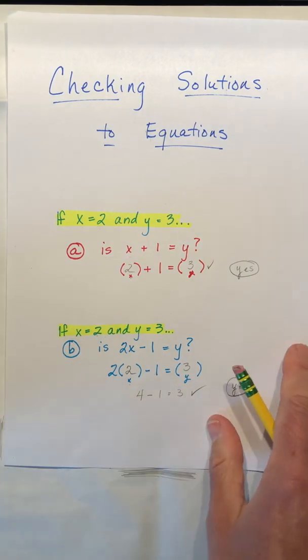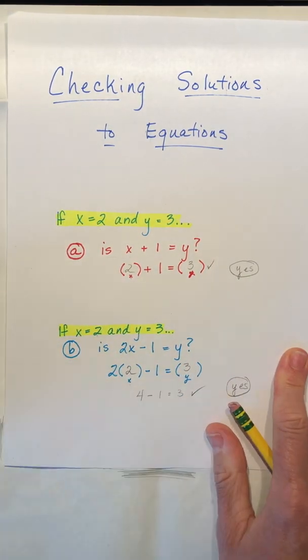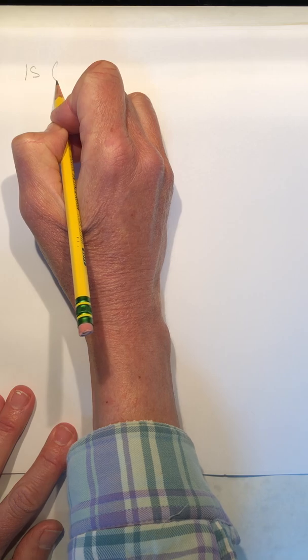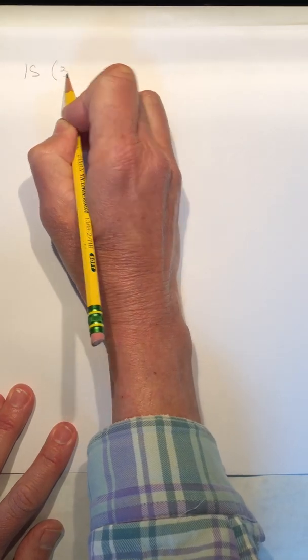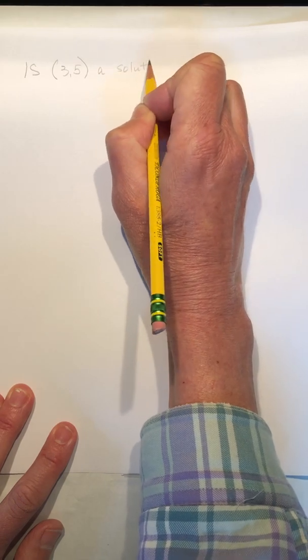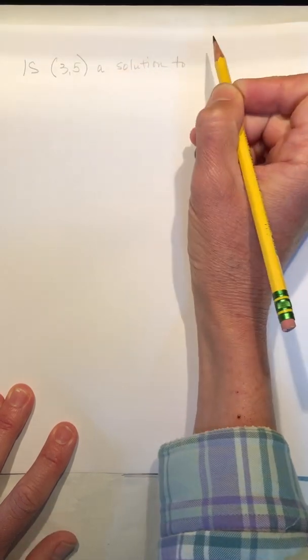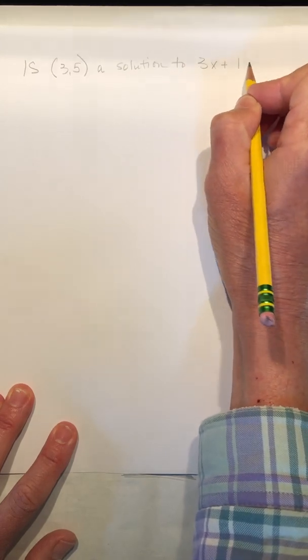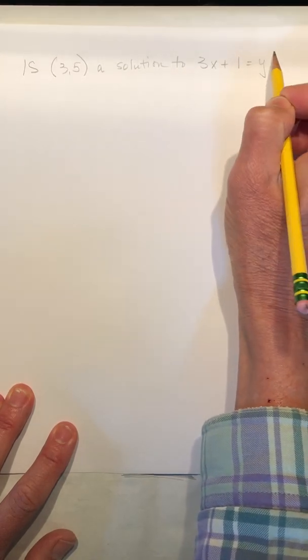Okay, so it's not usually written out like this. I'm going to show you now usually how a problem like this is written out. So the problem will usually say, is 3, 5 a solution to, and then the equation is 3x plus 1 equals y.